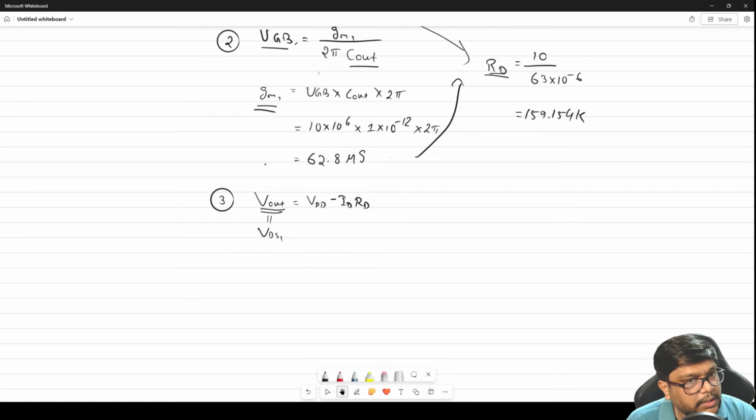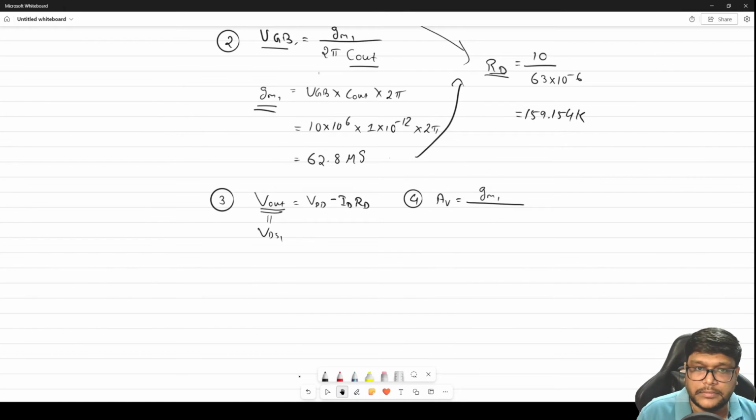So another thing, if we go through the gain part, the gain is gm1 divided by, let me write here.